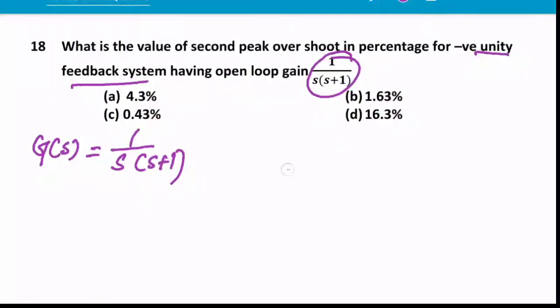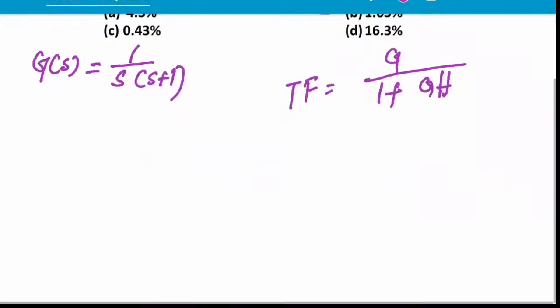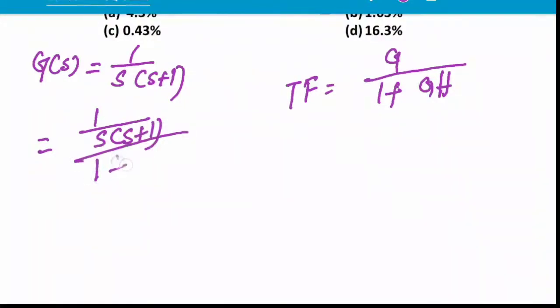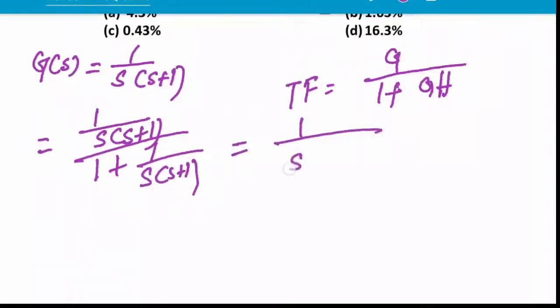So what will be the transfer function? Transfer function will be G by 1 plus GH. So this will be equal to 1 by s into s plus 1, divided by 1 plus 1 by s into s plus 1, and this will be equal to 1 by s square plus s plus 1.